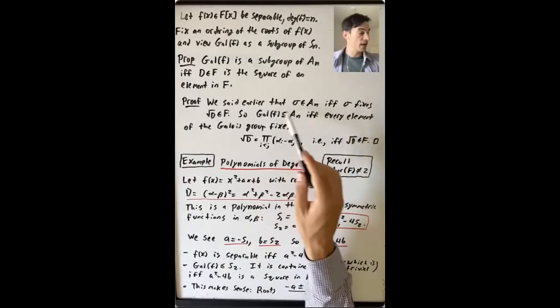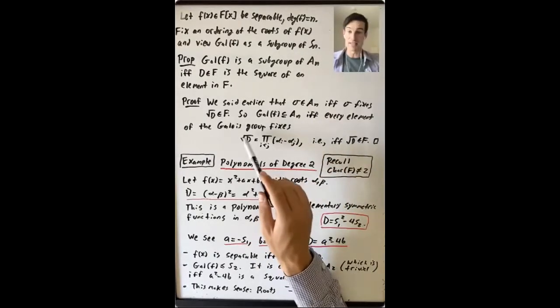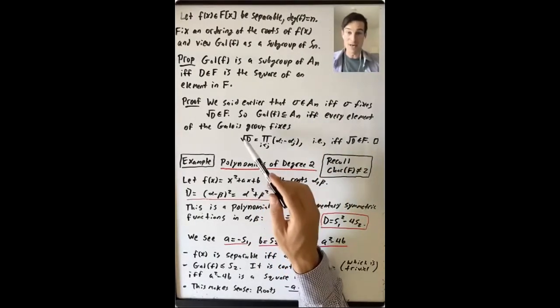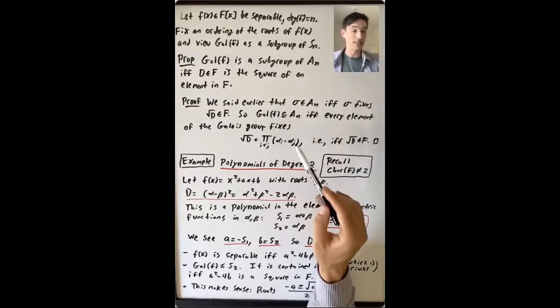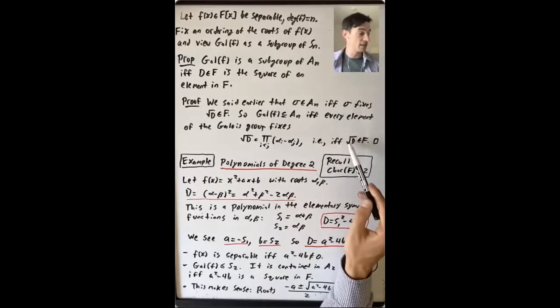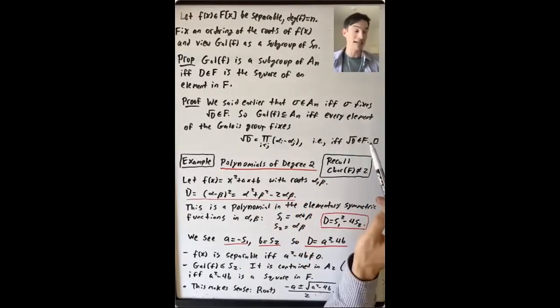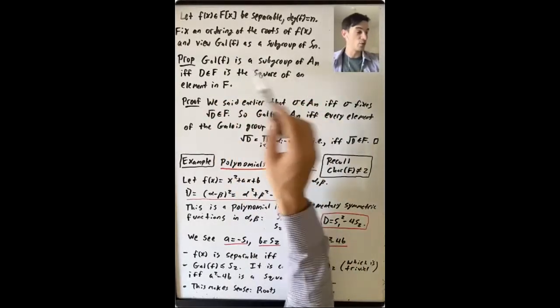If every element in the Galois group fixes this square root of D, by the fundamental theorem of Galois theory, this square root of D has to be in the fixed field of the whole Galois group, which is just F. So this is equivalent to saying this element, square root of D, is in F. And square root of D being in F, D is some element of F, so that's just saying D is the square of an element in F.